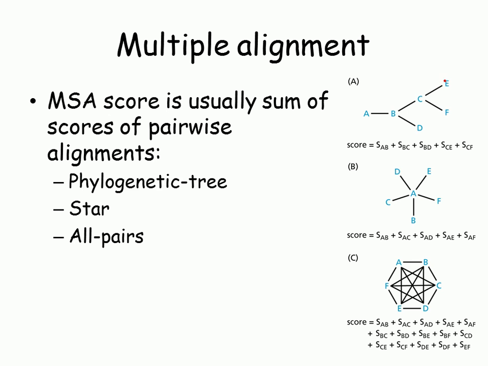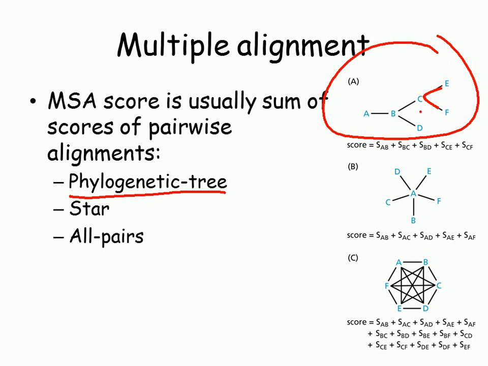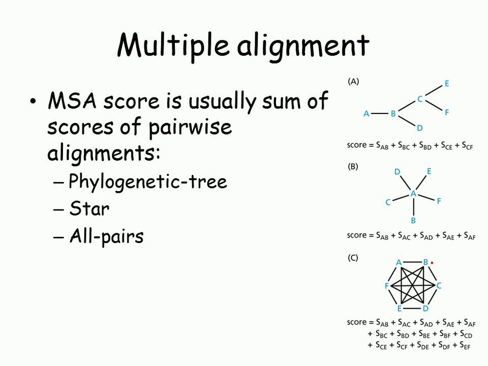What we could do is generate a phylogenetic tree like this, and then pairwise align two sequences, pairwise align the next two, and then continue. Actually, this is about evaluating the multiple alignment rather than generating it.